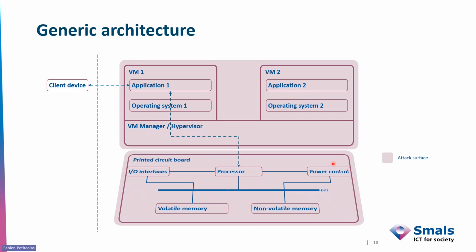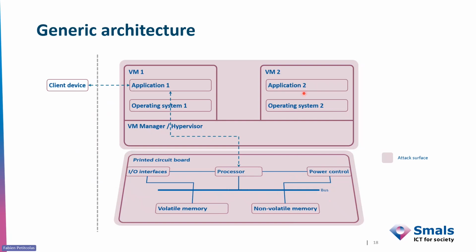Now, today, potentially, all that is part of the attack surface at the first level of approximation. So a bad guy with access to the hardware could do a number of hardware-related attacks, accessing directly the host.